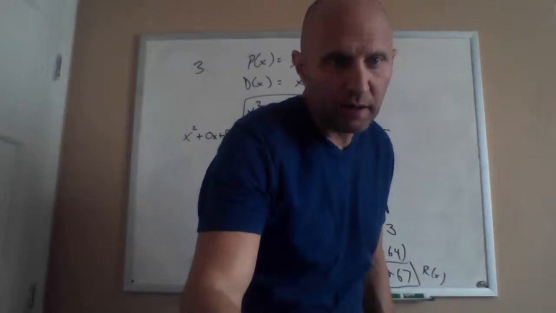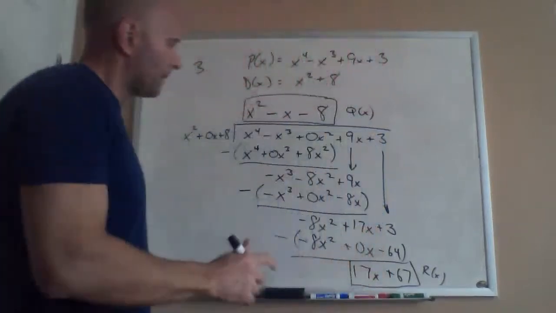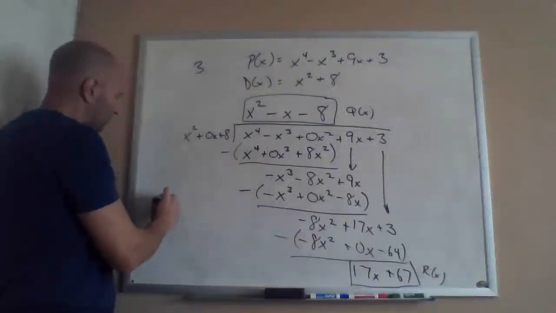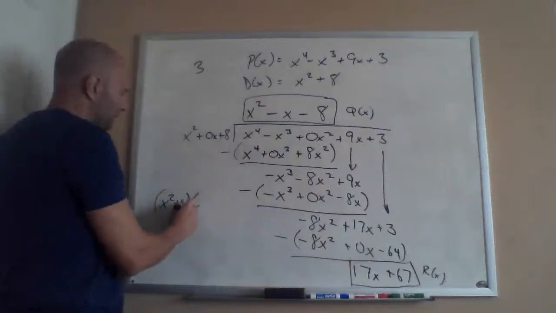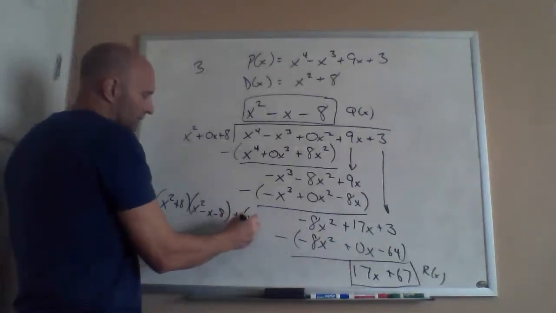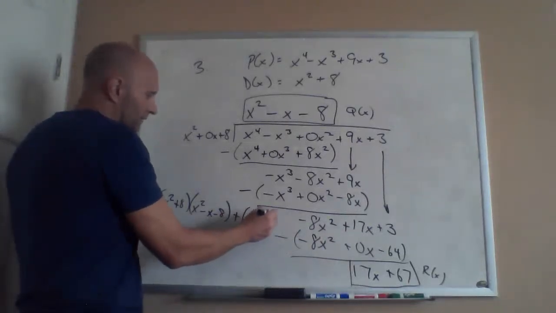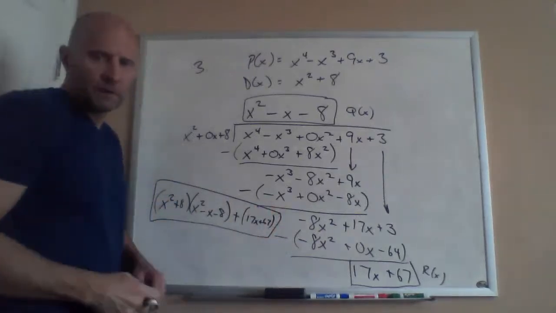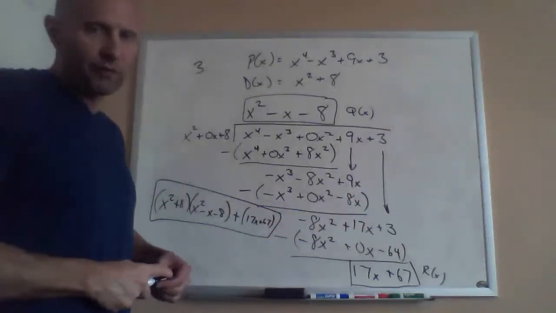So d of x times q of x plus r of x. So it's x squared plus 8 times q of x, x squared minus x minus 8, plus r of x, 17x plus 67. So that should be your answer there.